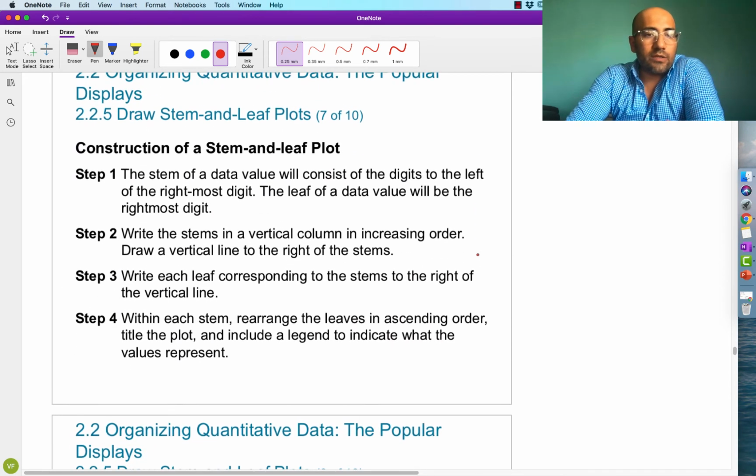So to construct one, the stem of the data will consist of the digits to the left of the rightmost digit, right? So for a stem and leaf display, we're going to separate the very last digit from the rest of the number. The rest of the number is going to be the stem, and just that last digit is the leaf.